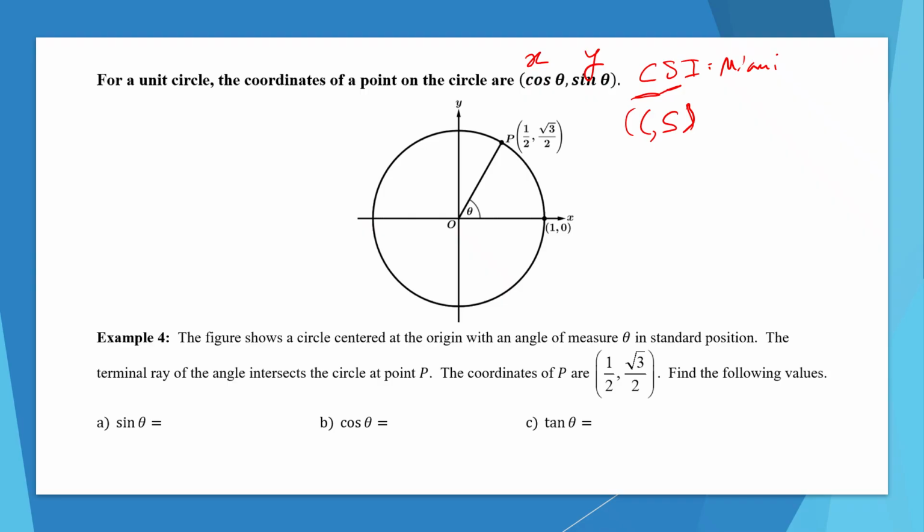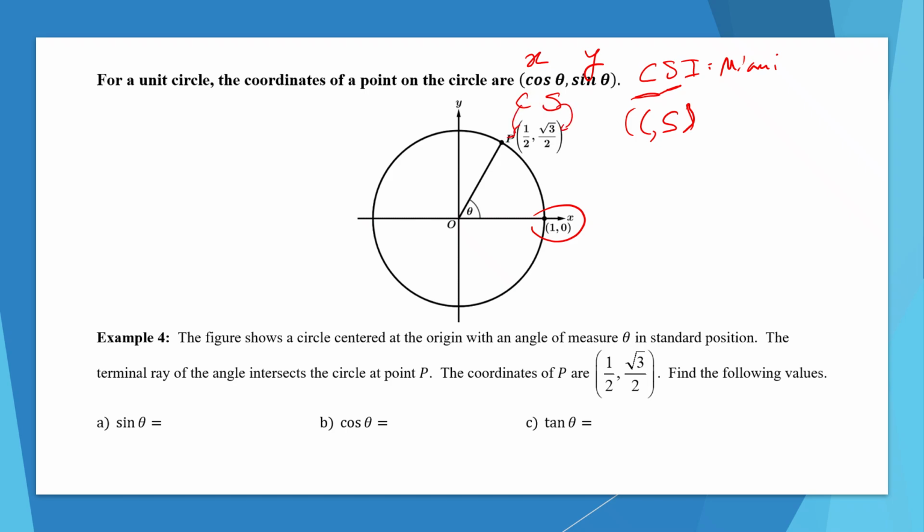So taking a look at example 4, we are given that the coordinates of point P are 1/2, comma, root 3 over 2. Find sine, cosine, and tangent. Here, without even having to draw out a triangle and use SOHCAHTOA, because the radius here is 1, we know that this is going to be our cosine of theta, and this is going to be our sine of theta as numbers.